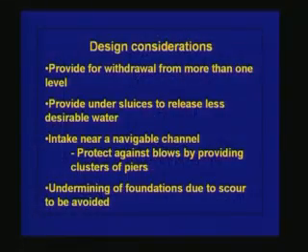Now, if we have to locate an intake near a navigable channel and we cannot avoid it, then we have to protect it against blows from the ships by providing clusters of piers. So even if the ship comes very close to the intake structure, it hits against these piers, but the intake structure itself is safe.